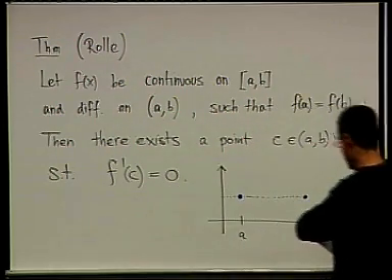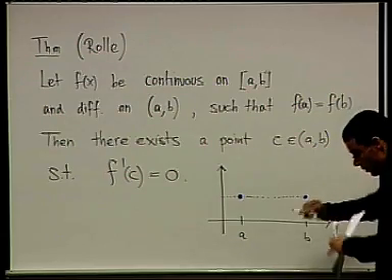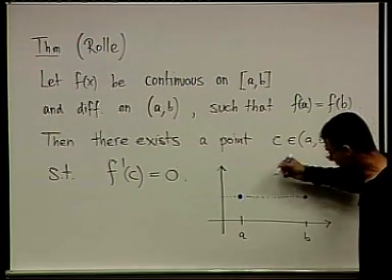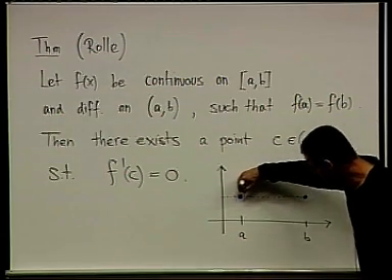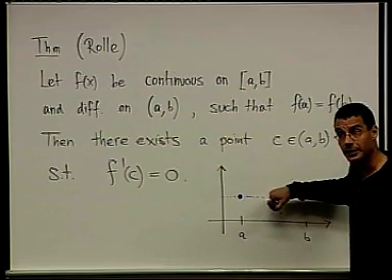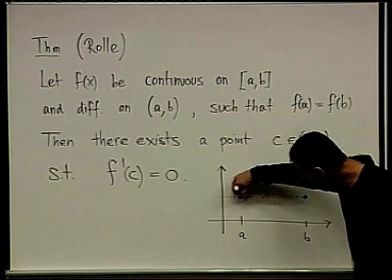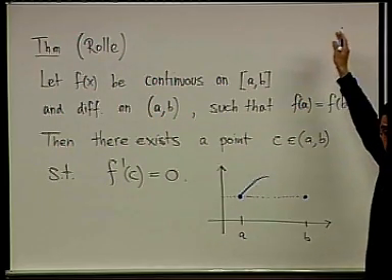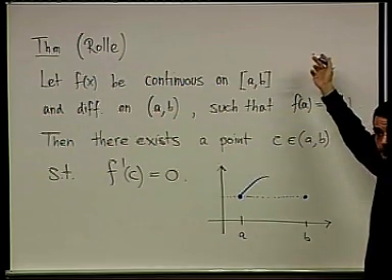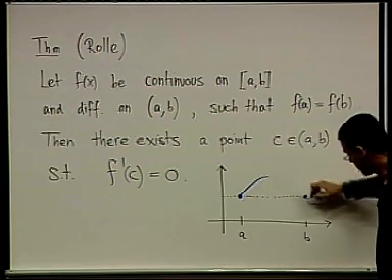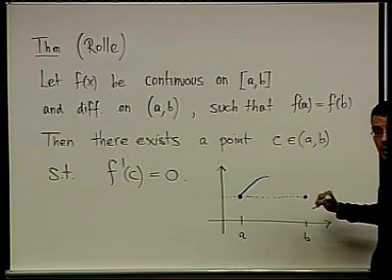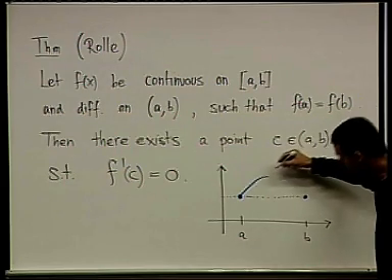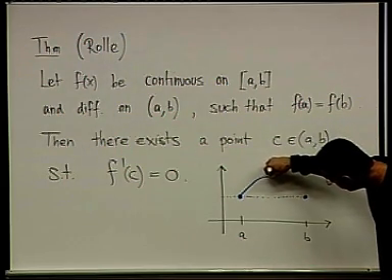Okay, this is the value at A and at B. So if the function is not constant, well, it's going to have to either go above this line or below this line, right? So let's assume it goes above this line. But it can't just go up and up and up, right? Why? Right, it has to get back, and we can't lift the pen off the board, right? So at some point, it's going to have to go down.